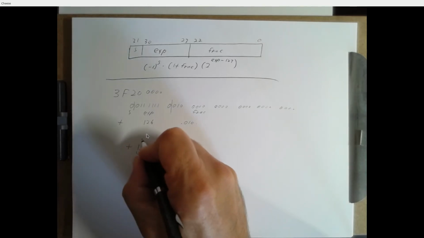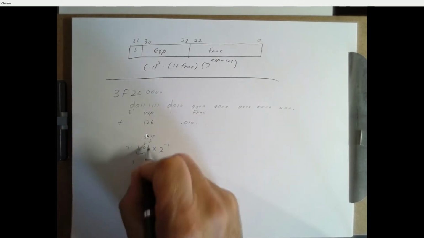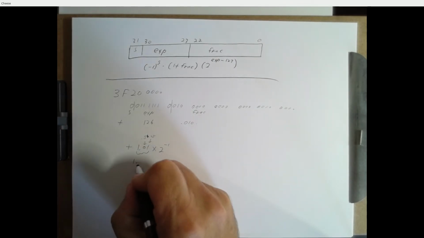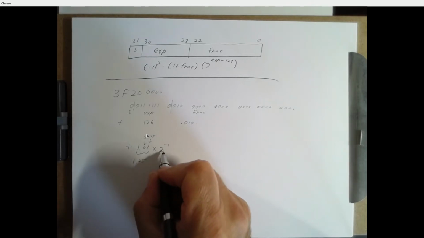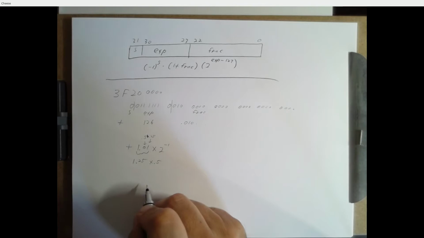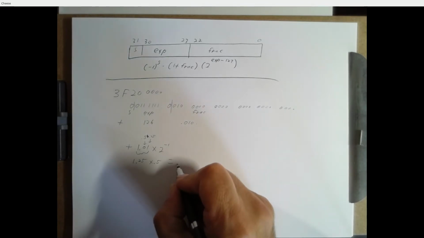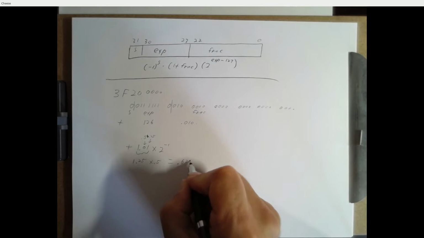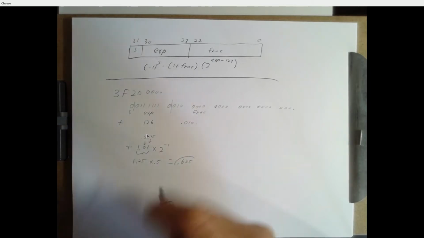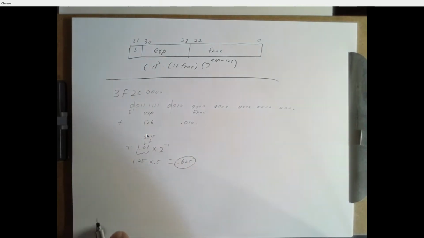This is the 0.5's place. This is the 0.25 place. So this is 1 plus 0.25, that's 1.25. And 2 to the negative 1 is 0.5. And so this is 1.25 divided by 2, which is 0.625. So this should be the floating point representation for the number 0.625.